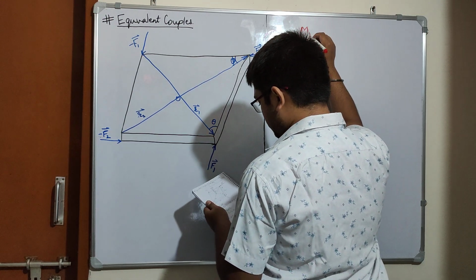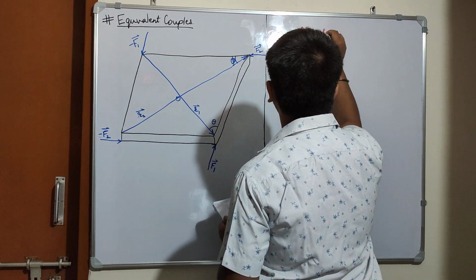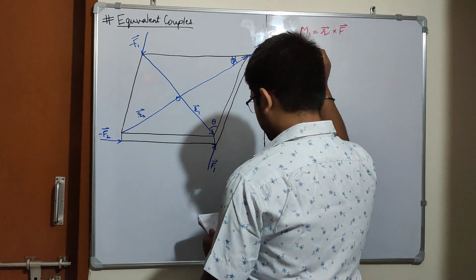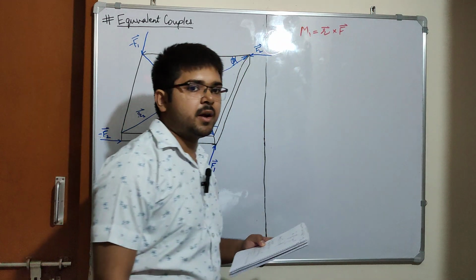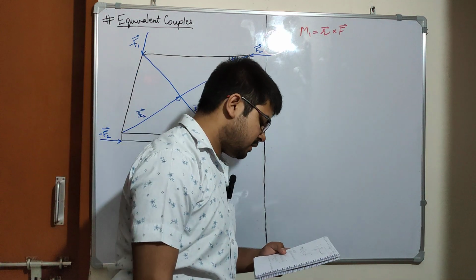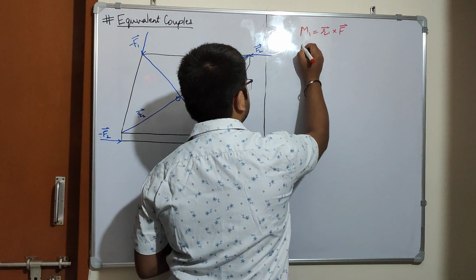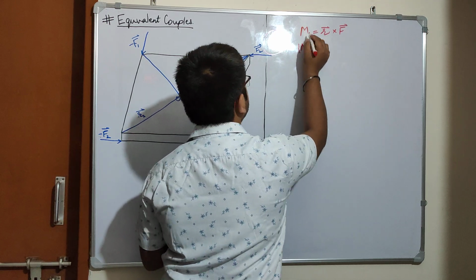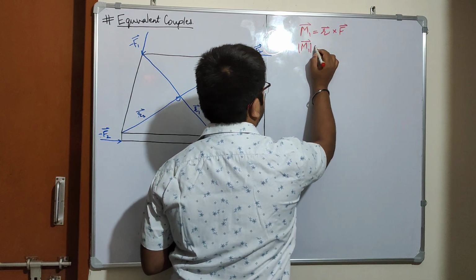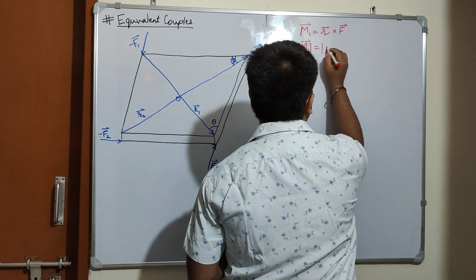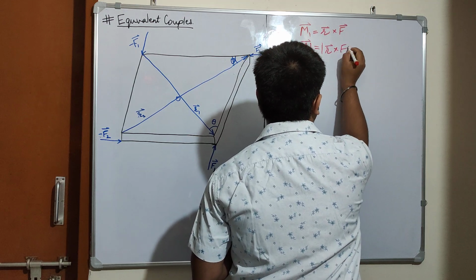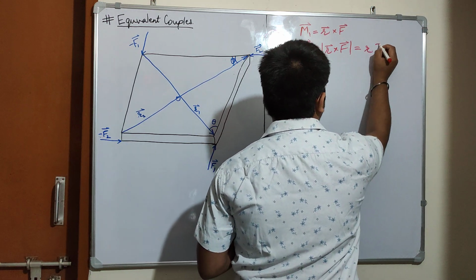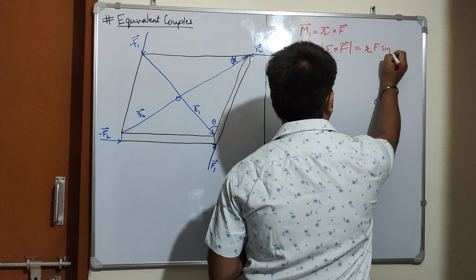Moment one equals r vector cross F vector. And if we talk about the magnitude, moment one magnitude would be the mod of r vector cross F vector, which equals r F sine theta.